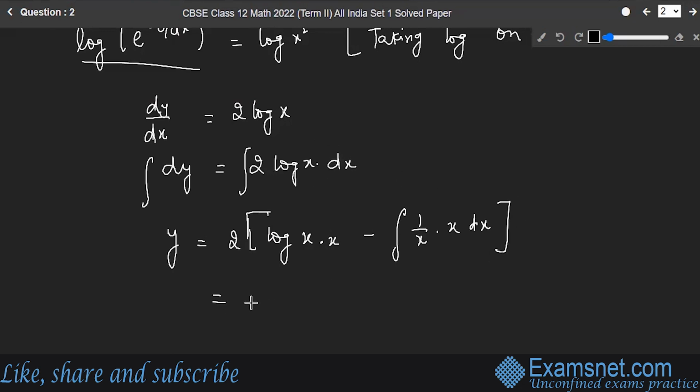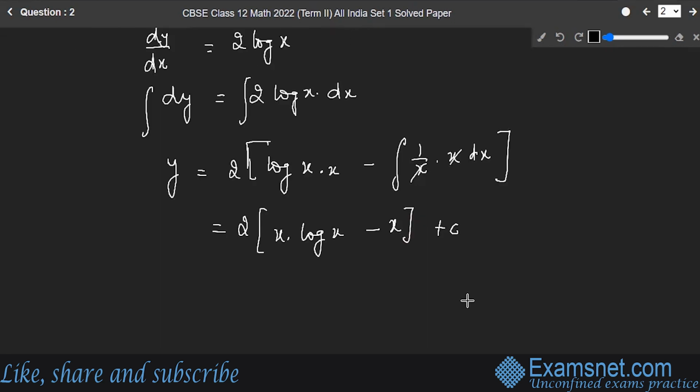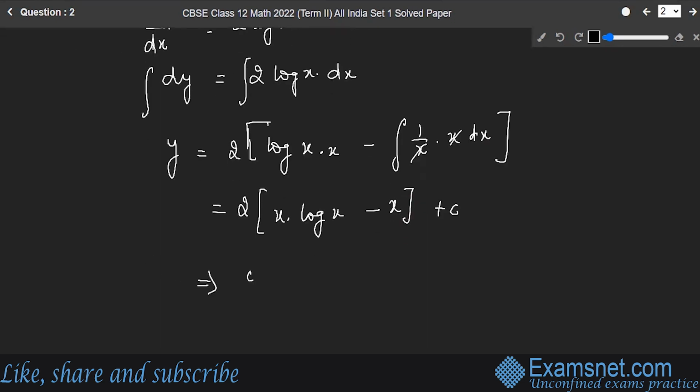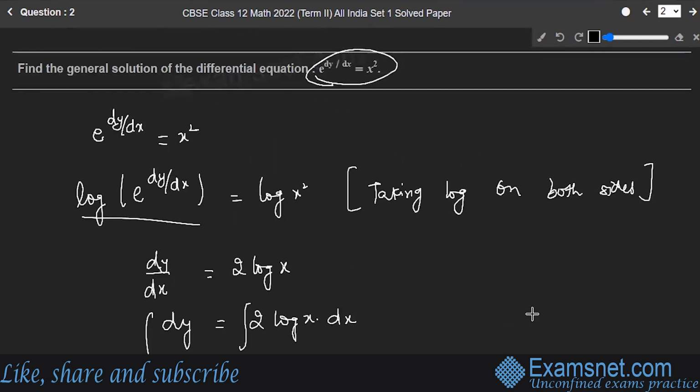So this is equal to 2 into x into log x minus the integral of 1, that's equal to x, plus c. Okay, so I'll take x common: 2x (log x minus 1) plus c. This is the answer to the question. Hope you have understood that. So let's move to the next question. We have found the general solution of this differential equation.